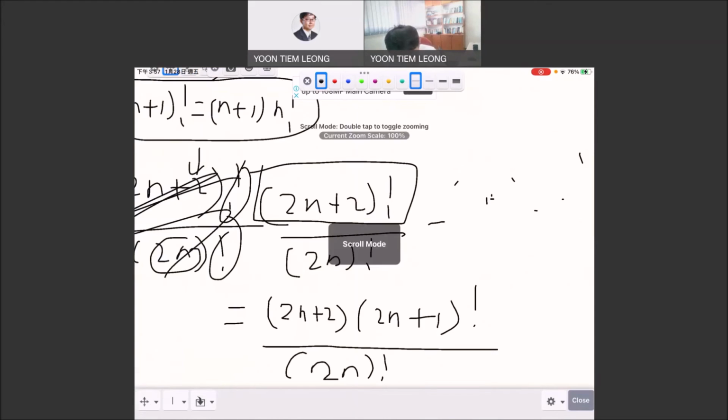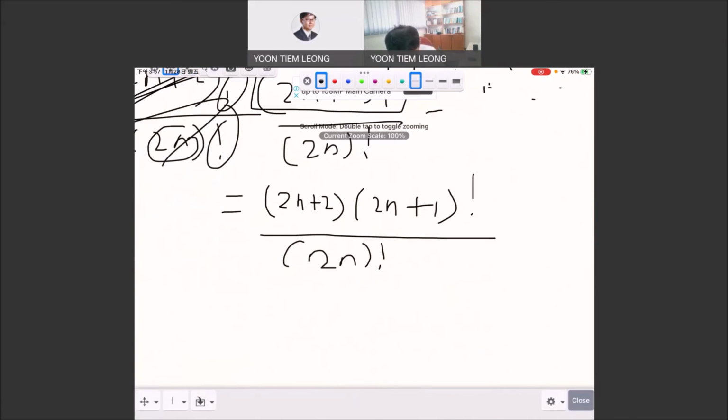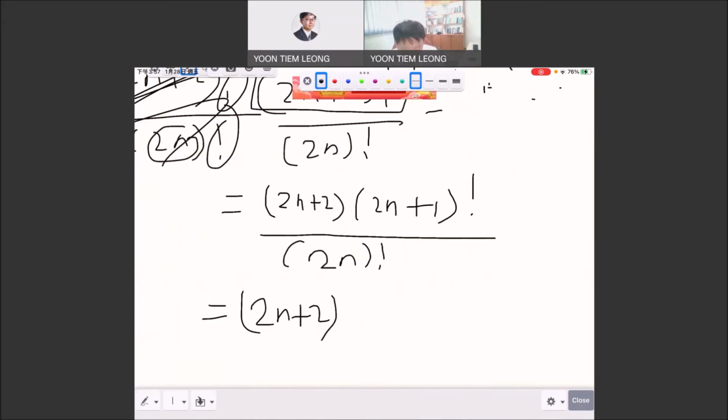Then upstairs, again it doesn't look like it is expressed in 2n factorial. I have to release one more term from 2n plus 1 factorial. So to release it, I take out the term 2n plus 1. Then what is left is 2n factorial.